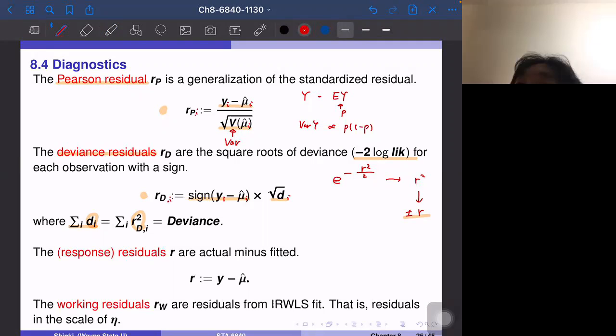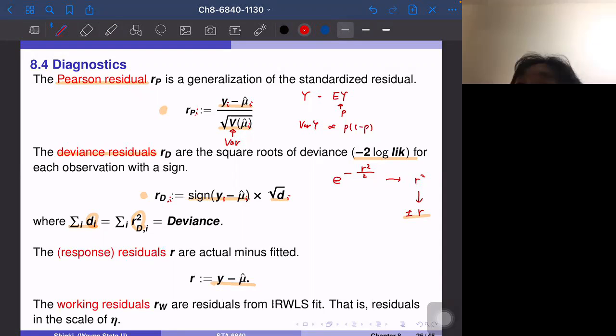The third one is the response residual, or just residual. That is y minus mu hat. In binomial or binary regression, y is either 0 or 1 in the binary case, and mu hat is the probability that y is equal to 1. Working residuals, r_W, are residuals from the iterative reweighted least squares fit.